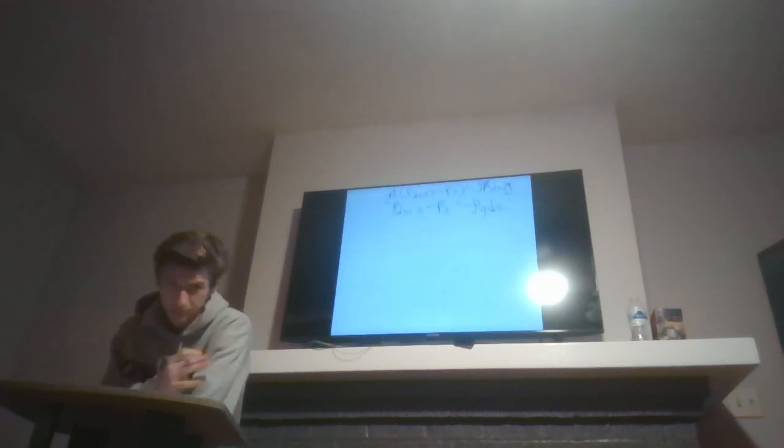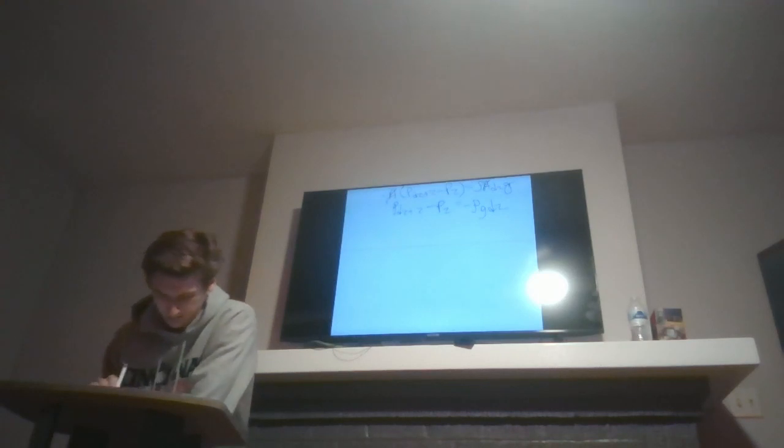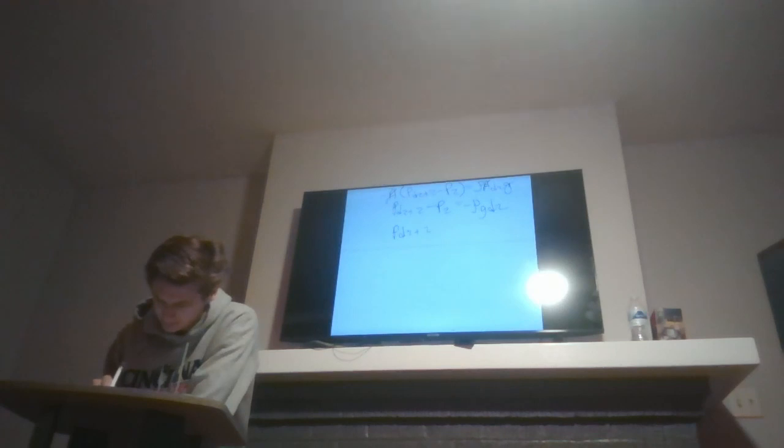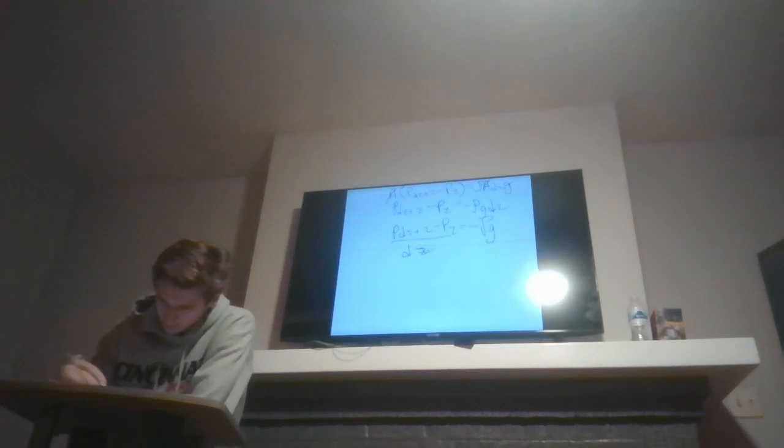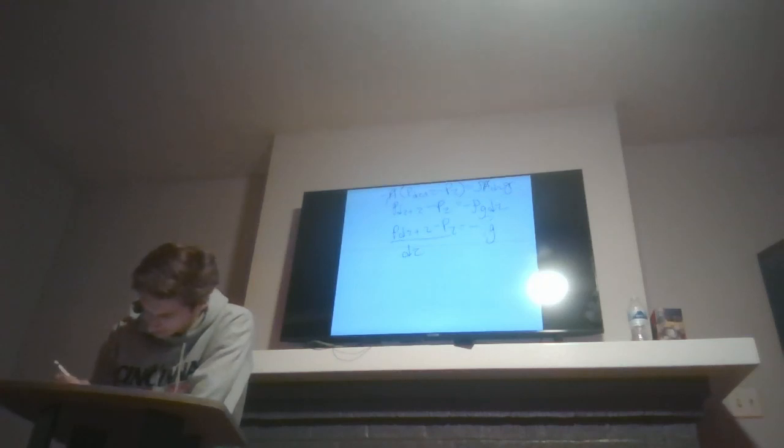And we'll get it all to one side, so we'll get P(dz plus z) minus Pz, divided by dz, equals negative density times g. Let me redo that so it's a little clearer to read, and let me change this to look like density there.